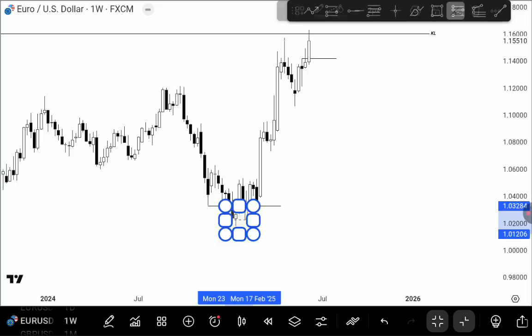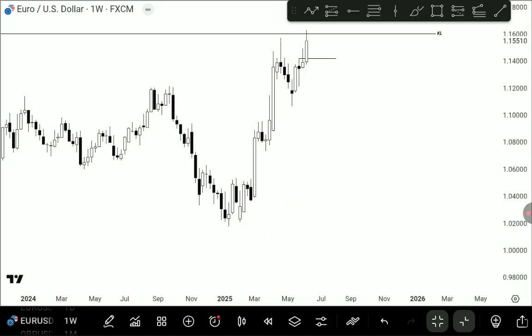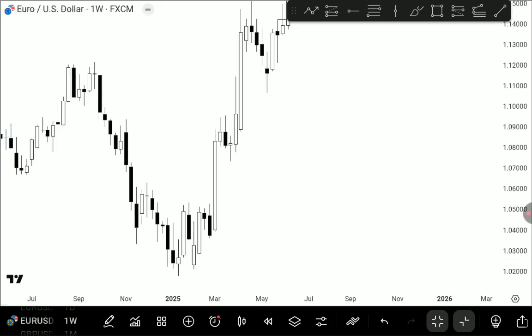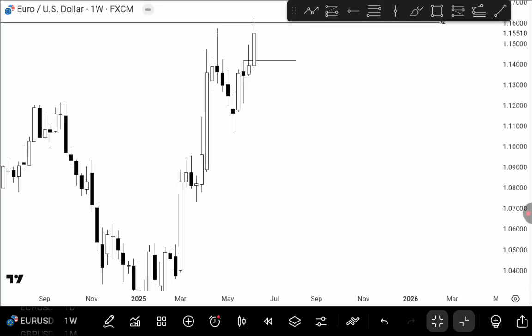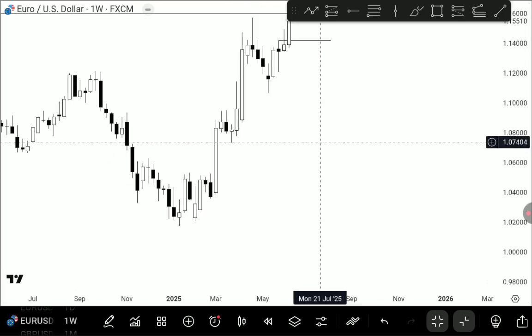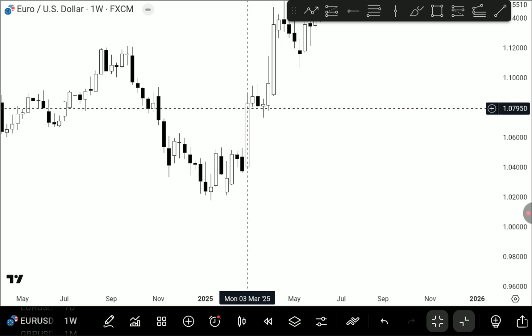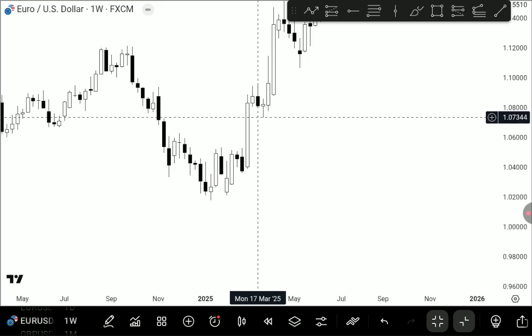So in a nutshell, what I'm saying is that if market makers want to create higher prices, you should expect them to sucker in the bears below the lows, right? By making fake or mere closures below the lows, right?